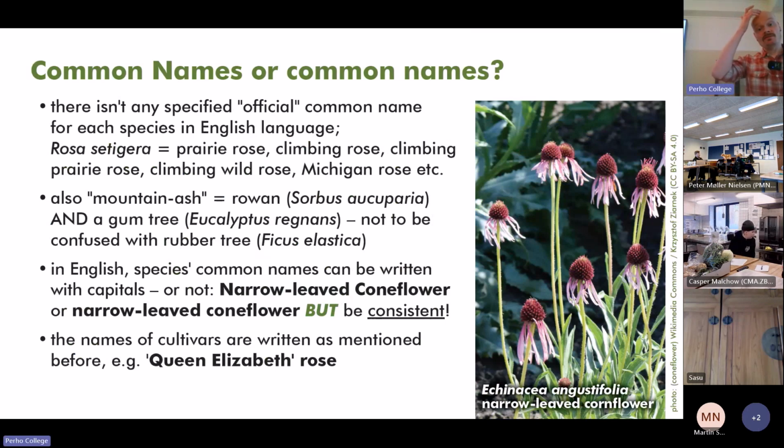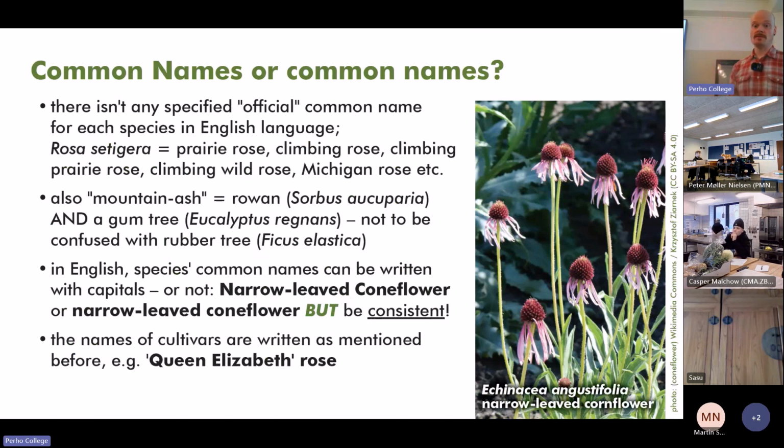Also in English, the same plant name might mean different plants. Like mountain ash can be rowan, the red tree that makes these sour berries, for example, in Scandinavia. And it also can mean gum tree, which is a species of eucalyptus in Australia.